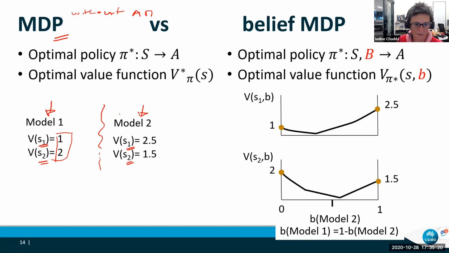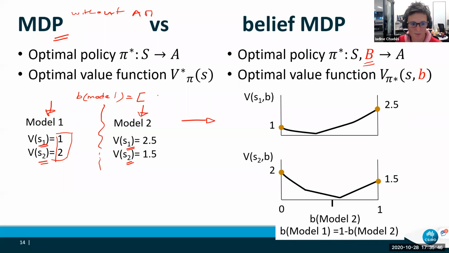The issue is we don't know which of the models is true, and it's important for our management action and outcome. So we have to solve a belief MDP where we include our models. This time we don't know which one is true, so we have a belief over the models.